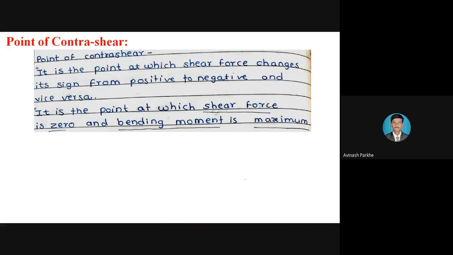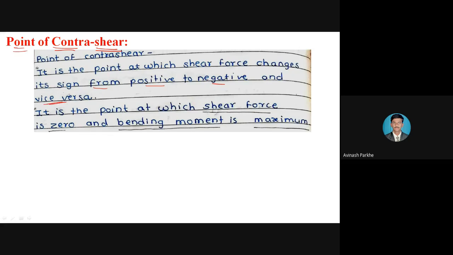Okay. So now we take these two theoretical points and then we will stop. Now, while starting this chapter, I have discussed this point of contra shear. This is a very important point which will be located in the SFD and the bending moment diagram. It has one standard definition. It is the point at which the shear force changes its sign from positive to negative and vice versa.